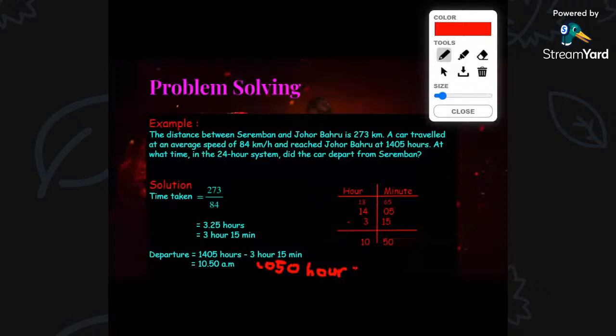Okay, sebab dia nak 24 hour system. Okay, so this is the final answer. Kalau buat sampai 10:50 am ni, salah lah. You kena buat 1050 hours. Okay, boleh kelas? Rasa boleh lah kan?